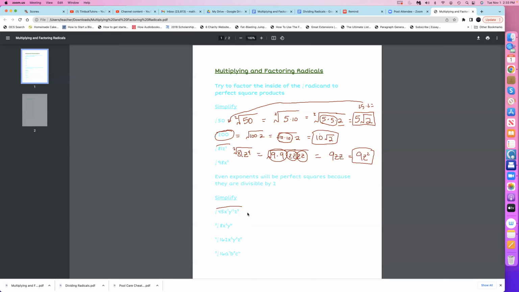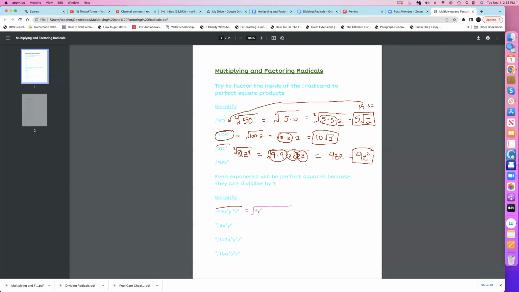The square root of 45 x to the 7th, y to the 12th, z to the 5th. So I'm going to write that in terms of a perfect square, which for 45, I can do 9 times 5.